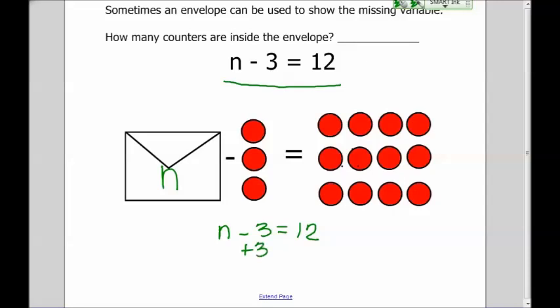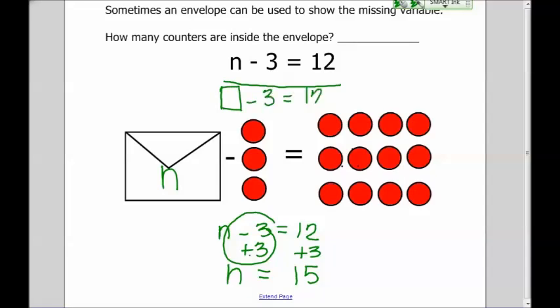Plus 3 minus 3 balances out. They cancel out, so my N is by itself. If I add 3 to one side, I have to add 3 to the other side. N equals 15. If that doesn't make sense to you, something minus 3 equals 12. Use your math facts. 15. N equals 15.